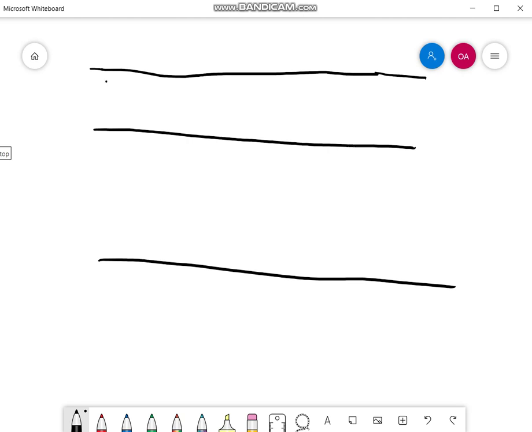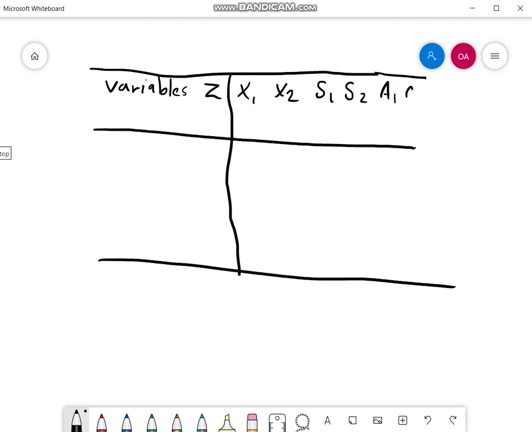So we have the variables, which are z, x1, x2, s1, s2, and a1, a2 with the right hand side.